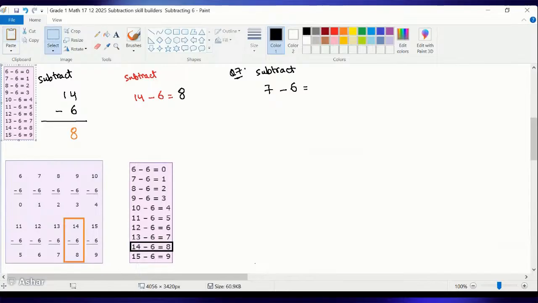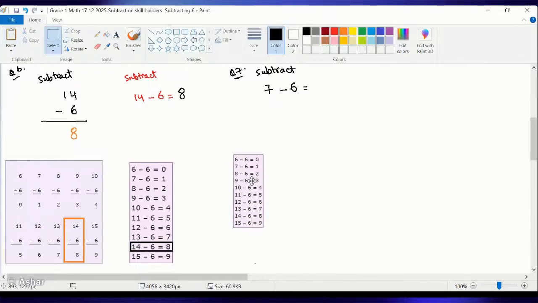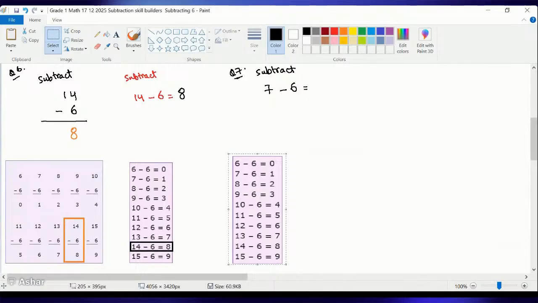What we can do is we can get the grid and we can say, what is 7 minus 6? If 6 minus 6 was 0, then 7 minus 6 should be equal to 1. Agreed? Next question.